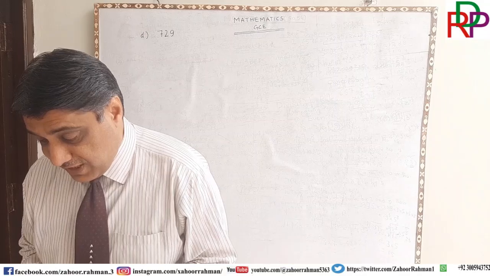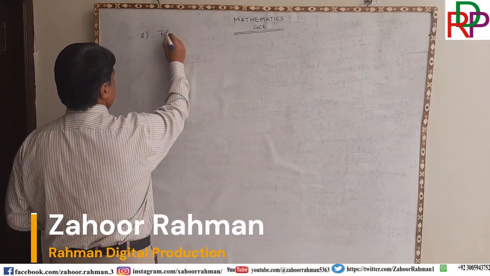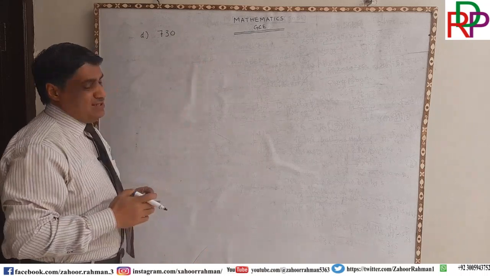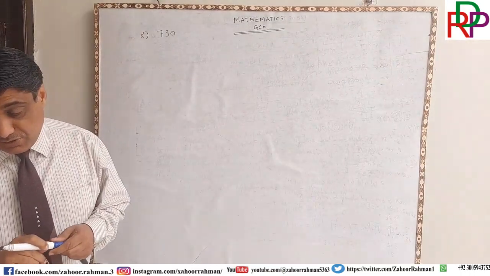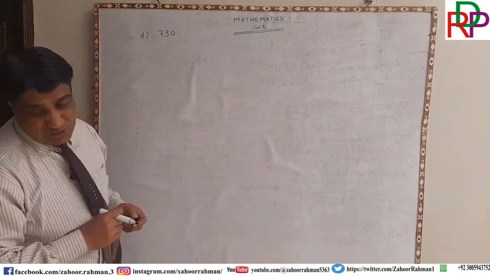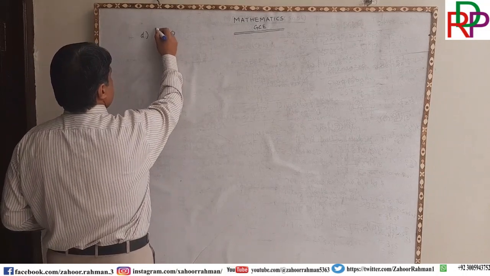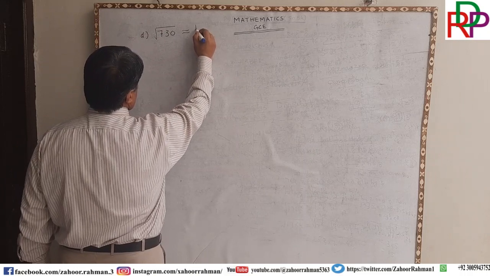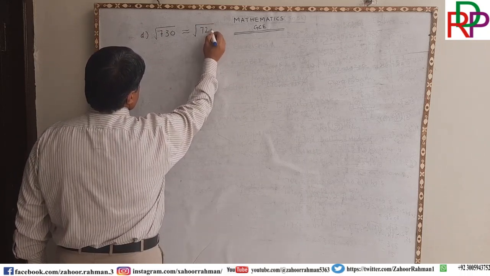They are saying 730, which is nearly equal to 729. So I am taking the square root, and that is nearly equal to the square root of 729.